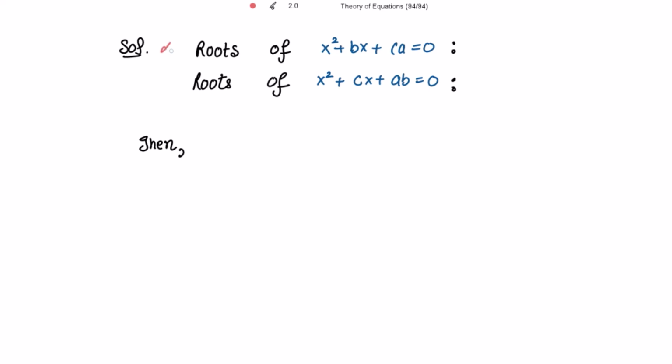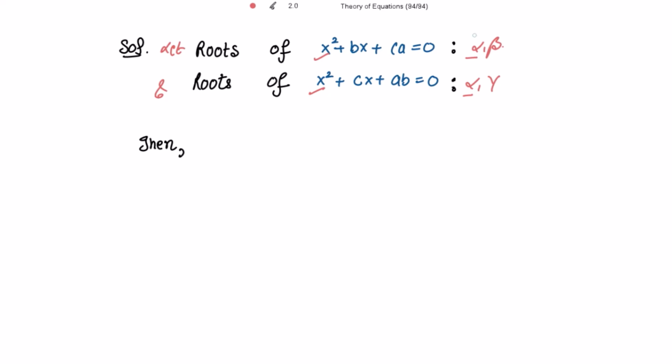So let the roots of x square plus bx plus ca equal to 0 be alpha and beta, and the roots of x square plus cx plus ab equal to 0 be alpha and gamma. Why alpha? Because both these two equations have the same root. Let's say alpha, right?